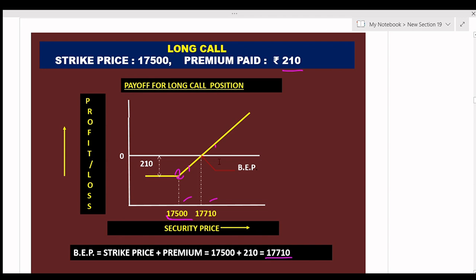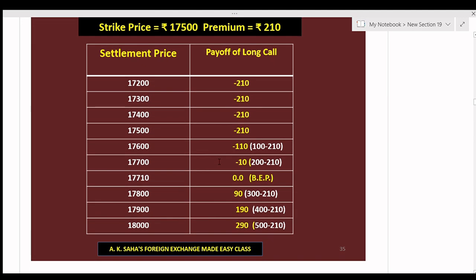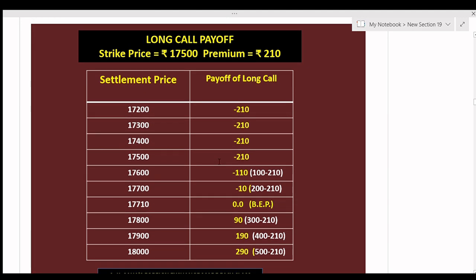Now, it is tabulated in the next page, that is long call payoff. Strike price is 17,500 and premium is 210. If the spot price is 17,200, then the buyer will not exercise his right. He will incur a loss of 210.